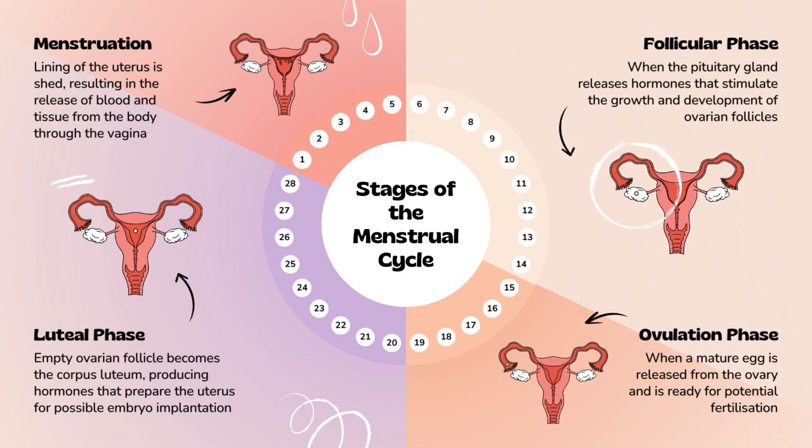Then, day 15 until day 19, the ovulation phase, when a mature egg is released from the ovary and is ready for potential fertilization. Last one is day 20 until day 28, the luteal phase. The empty ovarian follicle becomes the corpus luteum, producing hormones that prepare the uterus for possible embryo implantation.